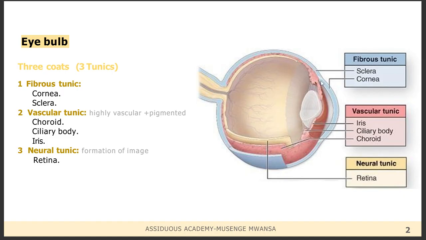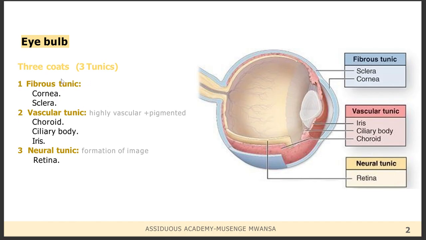Of course, the cornea is the one that is covering the iris and the pupil, because the pupil is actually a space. So without the cornea, you could have used a needle to reach where the lens is. But because the cornea is transparent, you can see through it. That's why you can see the pupil in the middle of your eye.